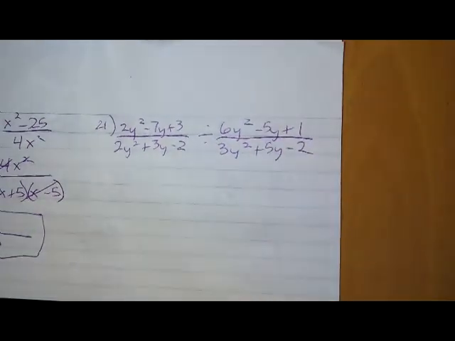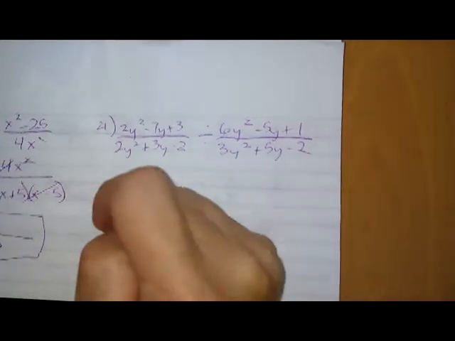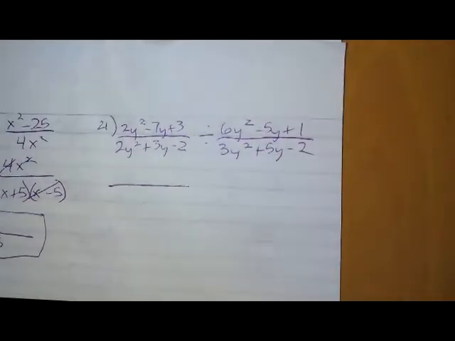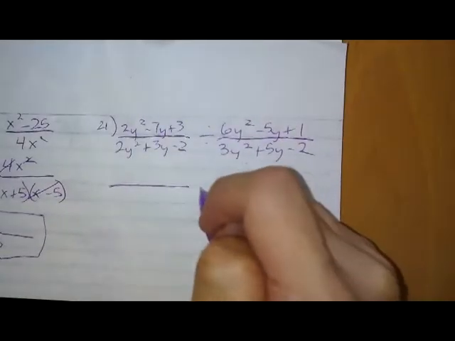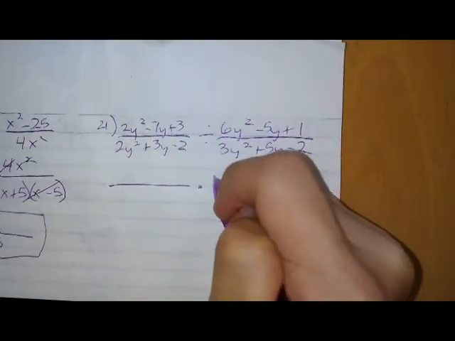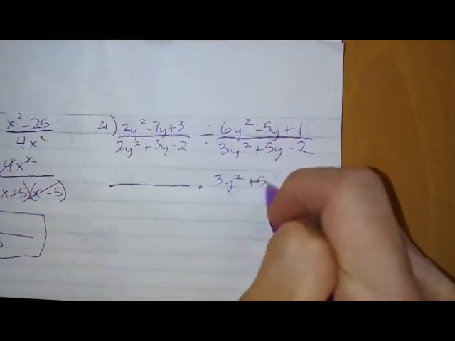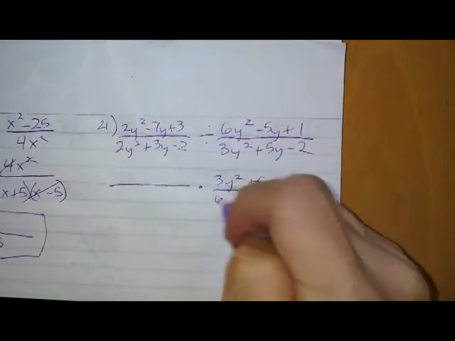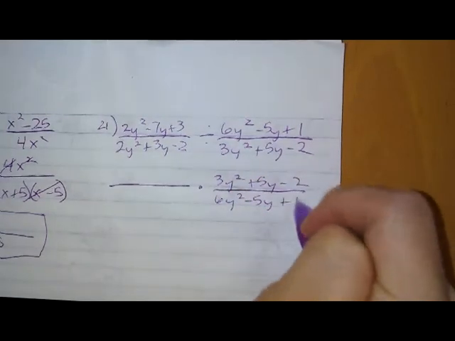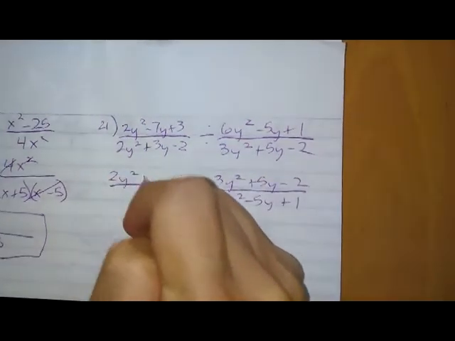Okay, I'm going to take my time a little more on this one just because there's a whole bunch of factoring. Let's do it in steps. First step, I'll just take the reciprocal. I'm not going to do any factoring in the middle of taking the reciprocal just so it doesn't get confusing. 3y squared plus 5y minus 2 over 6y squared minus 5y plus 1. This one stays the same.